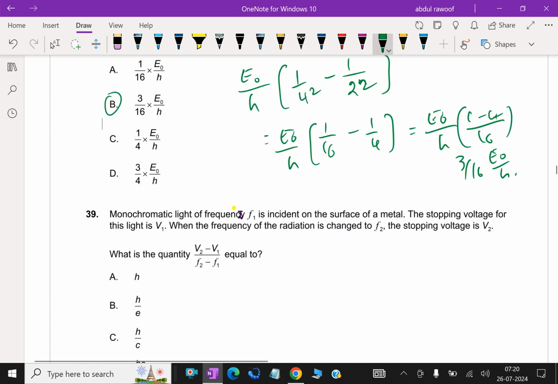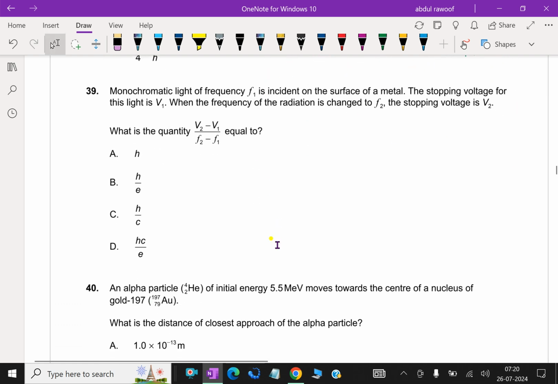Then question number 39. A monochromatic light of frequency f1 is incident on the surface of a metal. The stopping voltage for this light is V1. When the frequency of the radiation is changed to f2, the stopping voltage is V2. What is the quantity (V2 minus V1) over (f2 minus f1) equal to? Here, the stopping voltage is proportional to photon frequency.